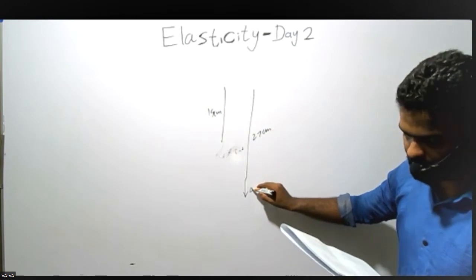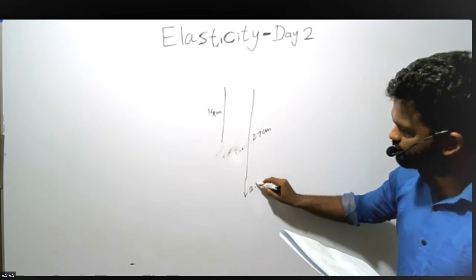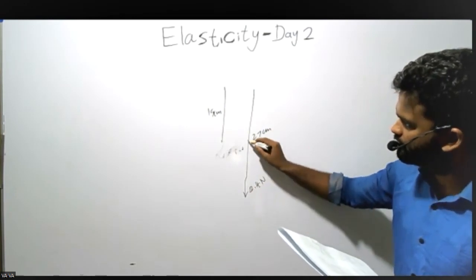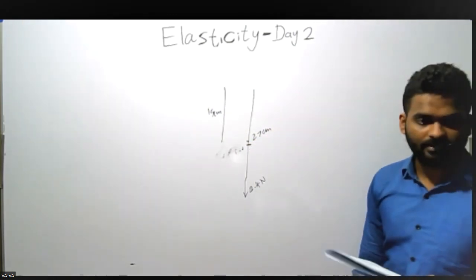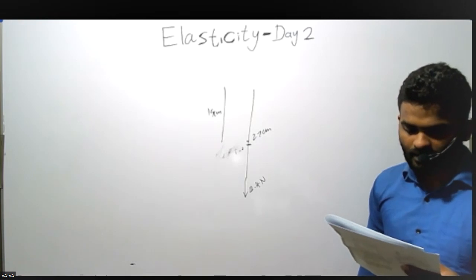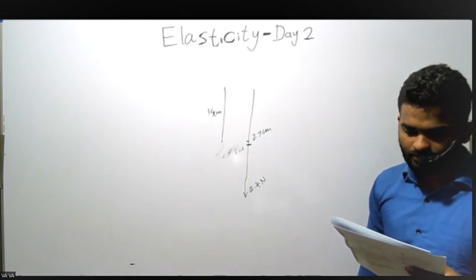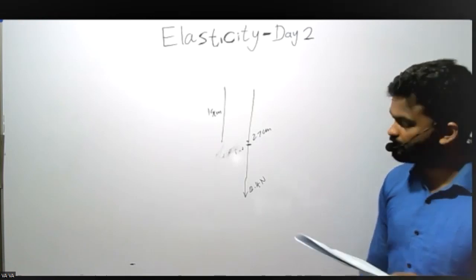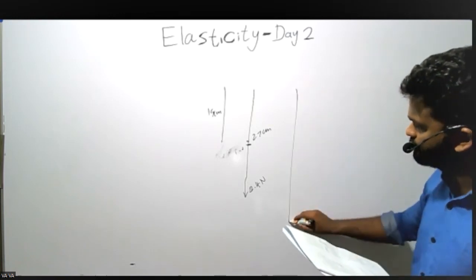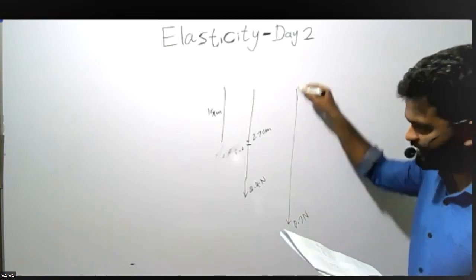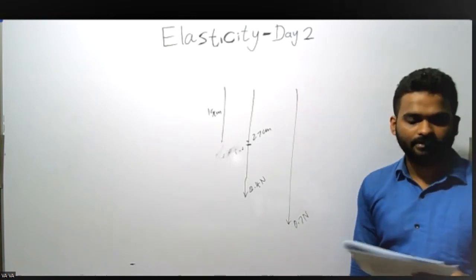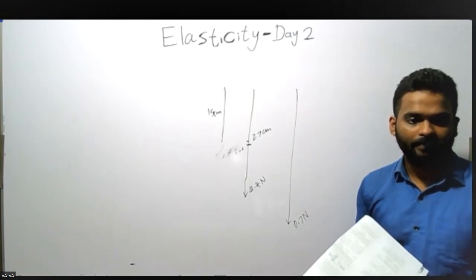So when you apply 0.4 newton, it increases its length and becomes 27 centimeters. Then you apply 0.7 newton. So what they ask is what could be the length of the rubber strip.